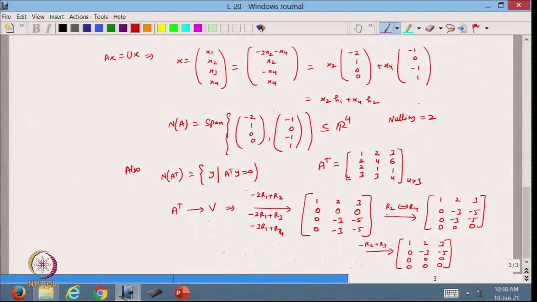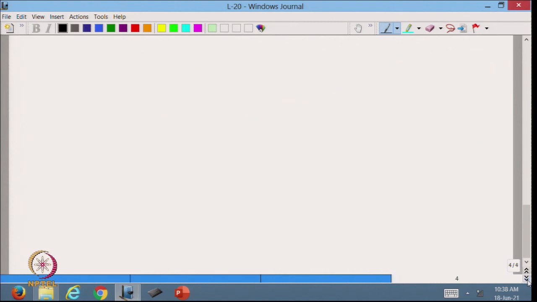From here you can see that this is my echelon form and these elements are the corresponding pivot elements. Now I need to find the null space of the corresponding matrix, so now the null space of A transpose is what we are going to find.